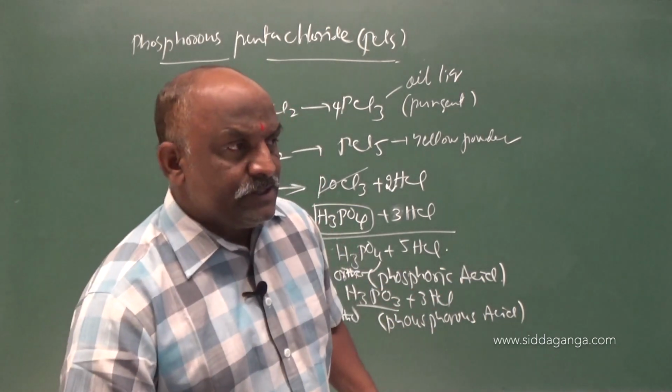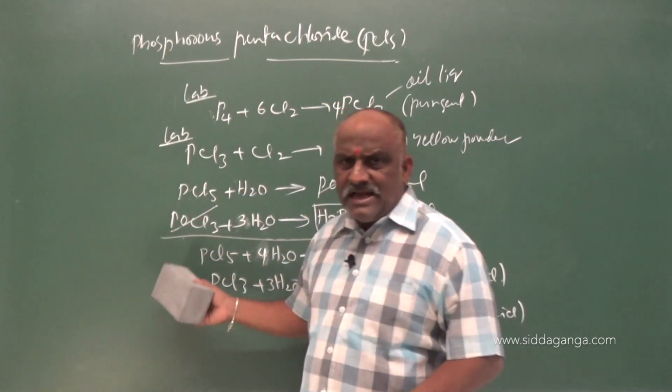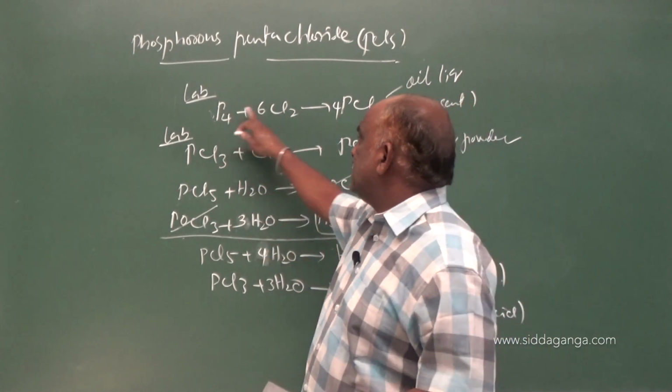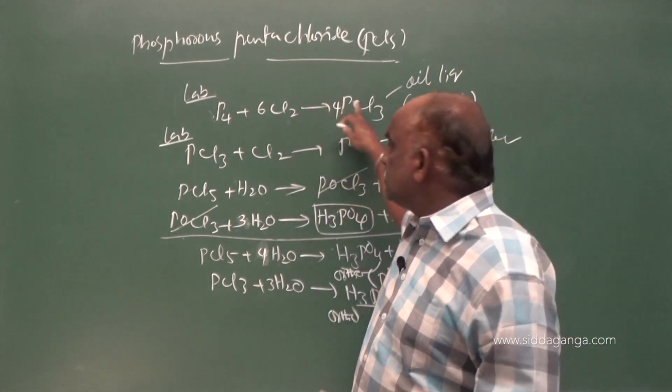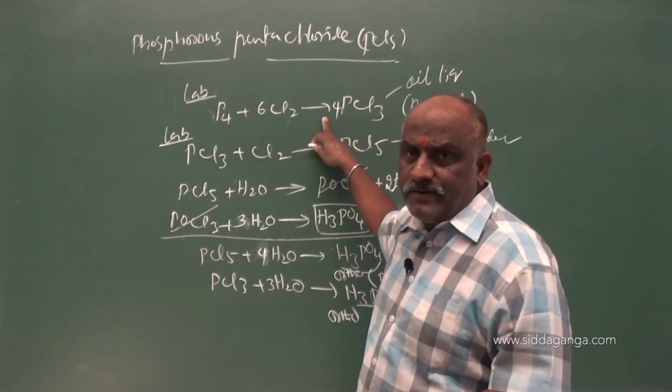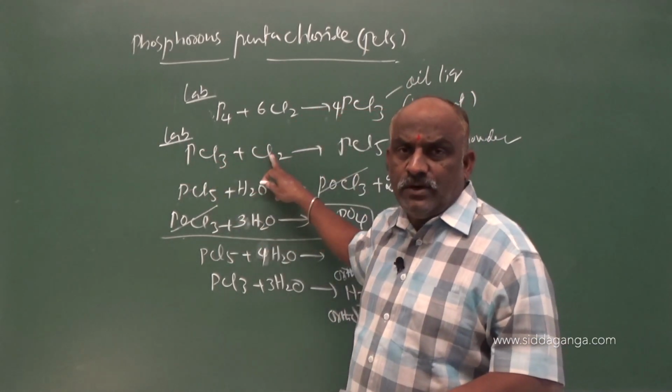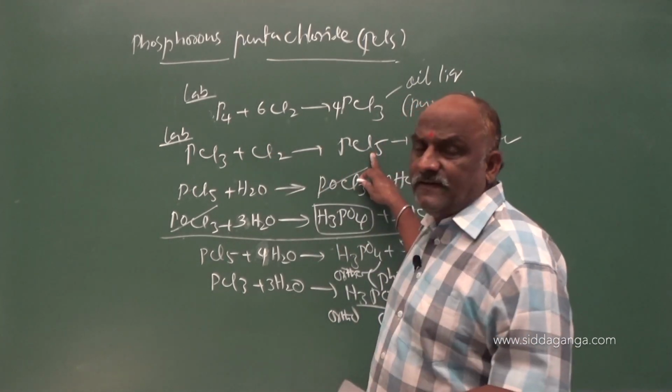So here are the general reactions regarding phosphorus pentachloride. Phosphorus is treated with chlorine and gives rise to phosphorus trichloride. This is a laboratory method. Phosphorus trichloride directly combined with excess chlorine gives rise to PCl5. This is also a laboratory method.